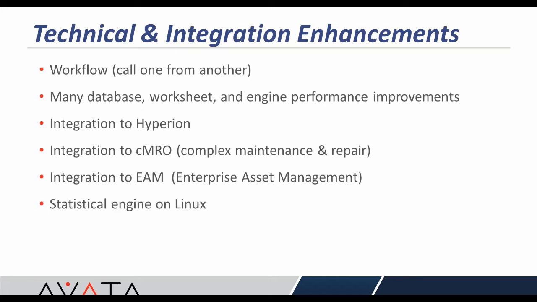The integration to Hyperion to support your S&OP process, to send a final forecast to Hyperion and to send a budget or annual operating plan or revenue numbers from Hyperion to Demantra and to measure that gap. Like I said, they did the integration to the MRO as well as the enterprise asset management for project manufacturing type environments. And they introduced the engine on Linux, which was a highly requested enhancement. Prior to that, it had to run on Windows.